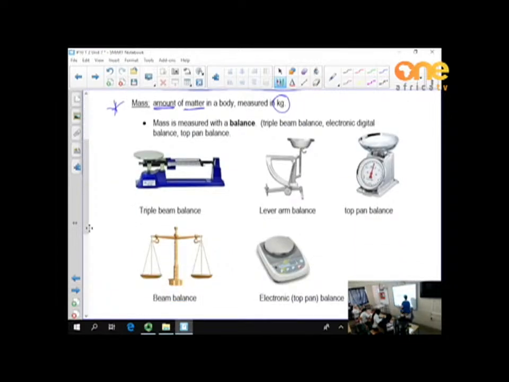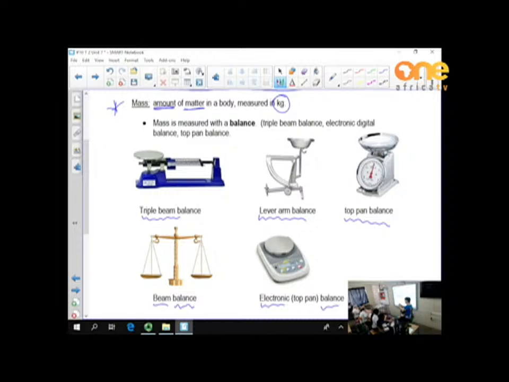Can you remember what instrument we use to measure mass with? A balance of some kind. We get different types in the laboratory. These ones are the older types: a triple beam balance, a lever arm balance, a top pan balance, a beam balance, or an electronic balance.